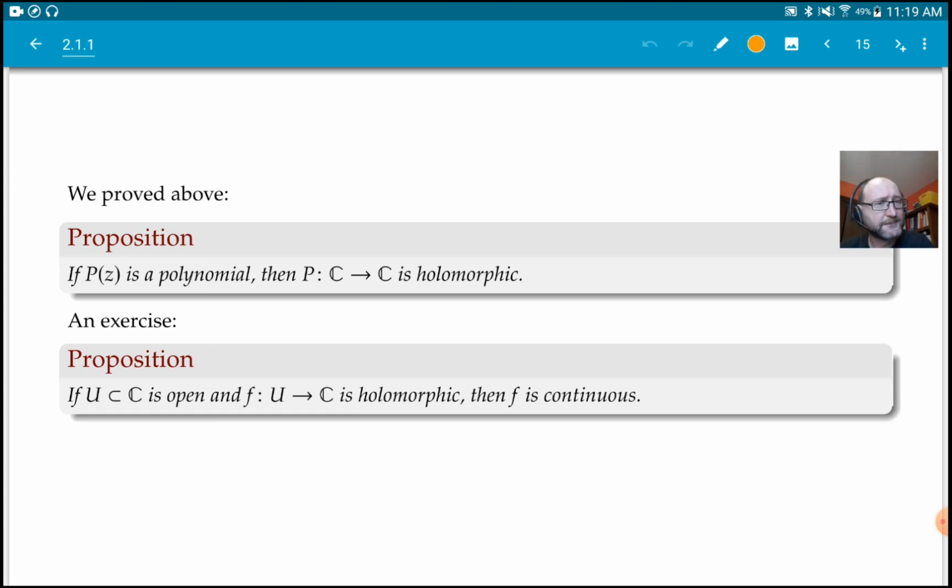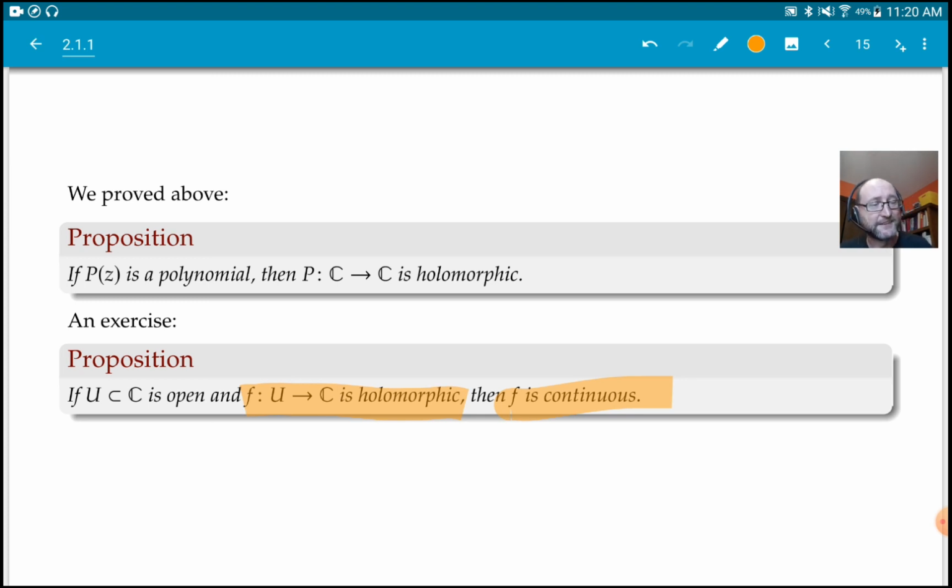So an exercise, this is not hard to do, showing that if you have a holomorphic function, then it's at least continuous, right? I mean, it's going to be a lot better than that, but at least continuous. It's the same as how you would prove that a real differentiable function of one variable is continuous. It's basically the same proof.